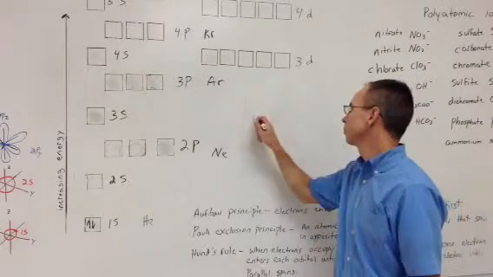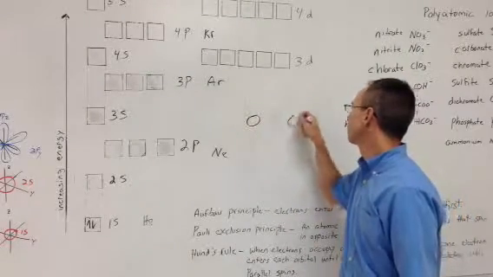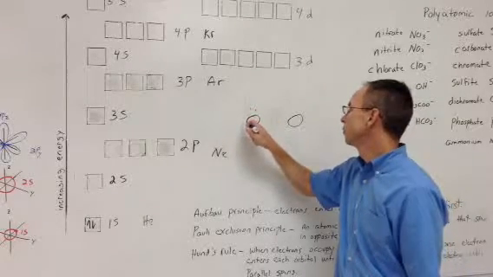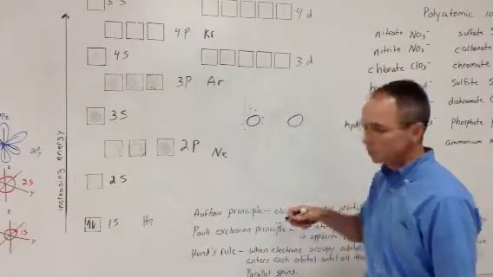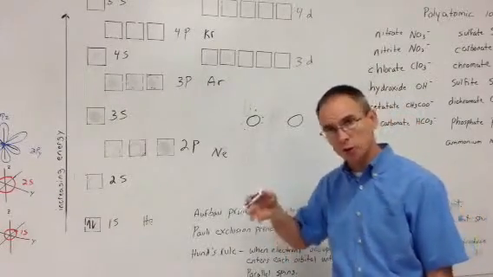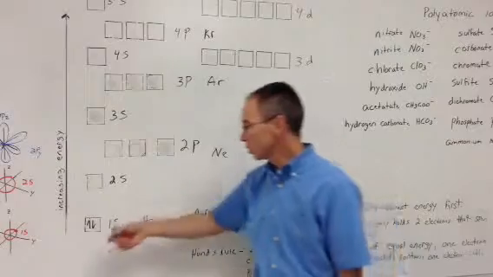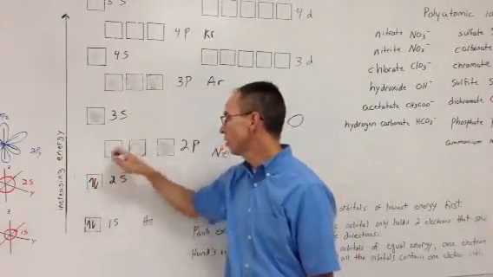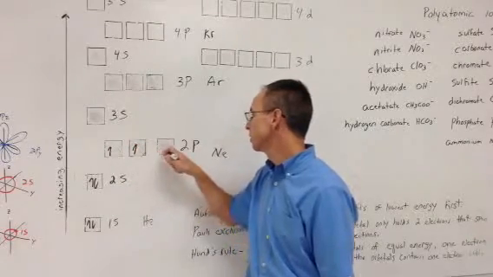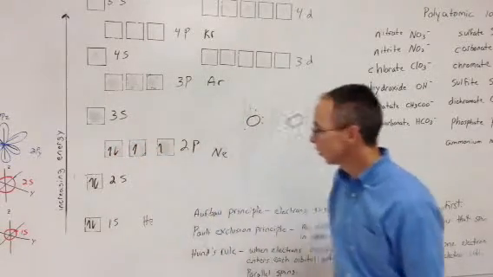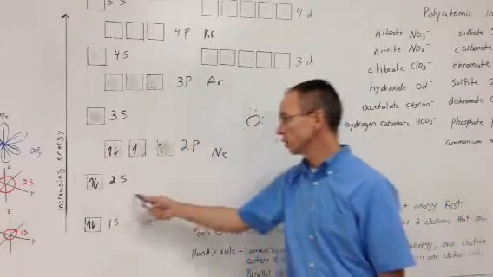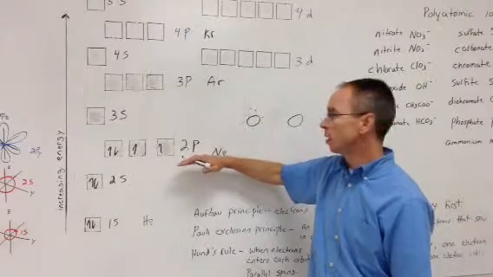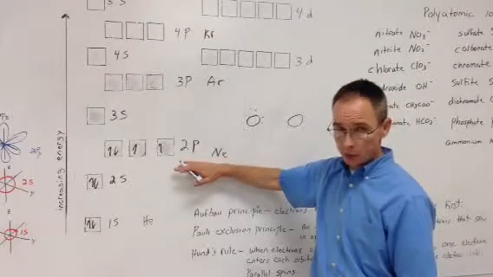Now, oxygen has a valence of 6. So there's 1, 2, 3, 4, 5, 6 valence electrons, because it's in group 6. It has 8 total. So if I fill my shells like we've been doing, there's 2, 4, 5, 6, 7, 8 total, which gives me a valence of 6, because remember, valence is how many electrons are in your partially filled outermost energy level.